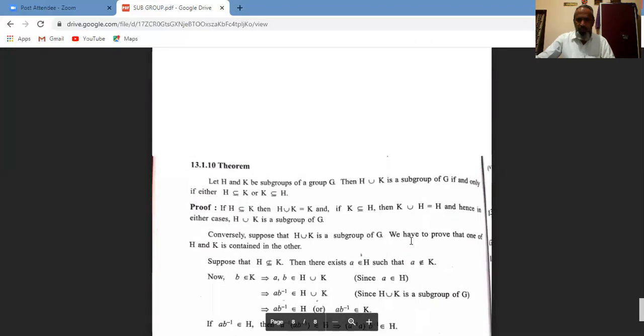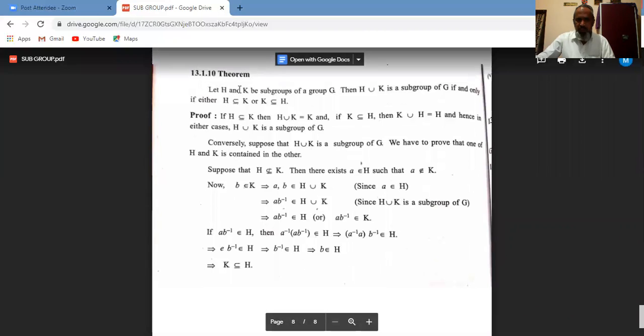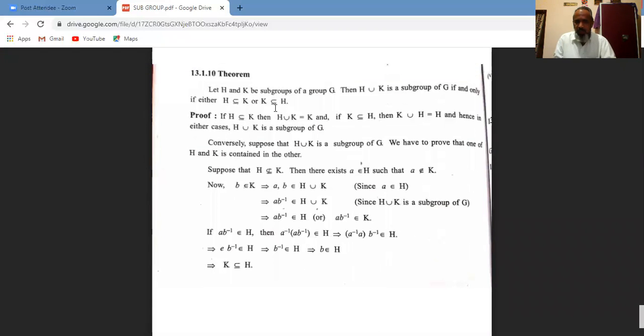Now, another theorem: let H and K be two subgroups of a group G. Then H union K is a subgroup of G if and only if either H is a subset of K or K is a subset of H. In the previous theorem, we proved that if H and K are two subgroups of a group G, then H intersection K is a subgroup of G. But with respect to union, we cannot say that H union K is a subgroup of G just because H and K are subgroups.